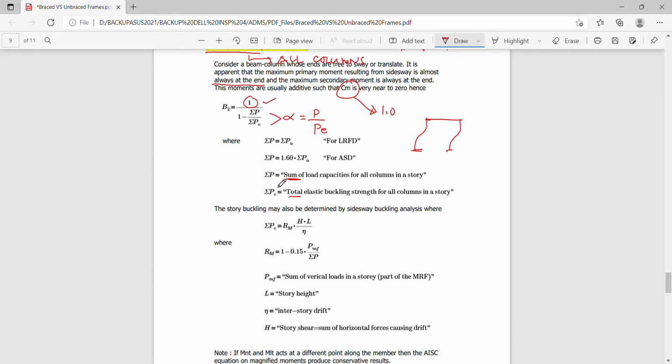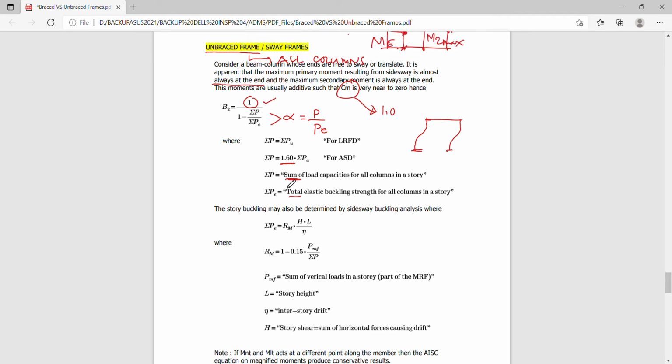Take note that the summation of P, the capacities, for LRFD is simply the summation of Pu, but for ASD there is an increase in the allowable capacities by 1.60, just to differentiate what summation of P is for LRFD and ASD.